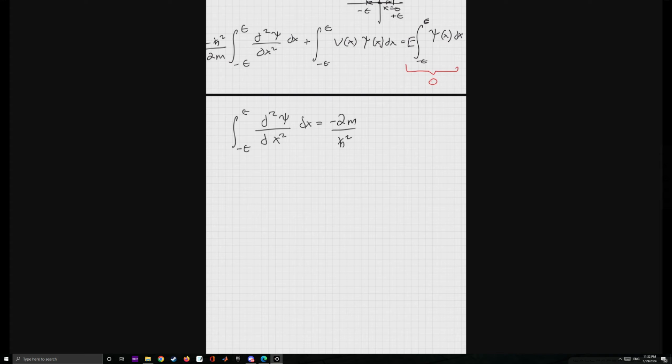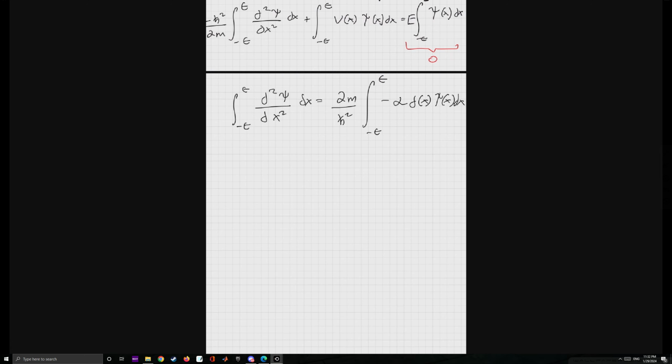So we have the negative, in this case we don't, because we just subtract this and then this negative cancels out, but we also have a negative alpha delta x psi x dx. So this negative we can simply take out here along with the alpha, because the alpha is a constant. So all we're really dealing with is the delta function times psi x.